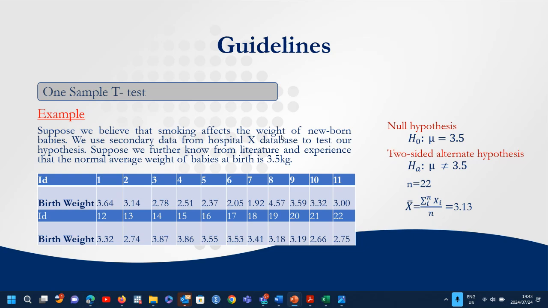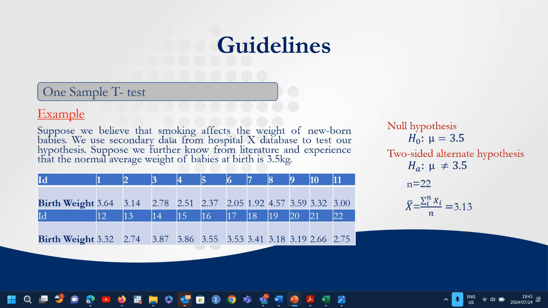You are looking at smoking, meaning you want to collect data from the mothers who smoke. From literature or your experience, you know that the normal average weight of babies at birth is 3.5. That's your hypothesis, right?